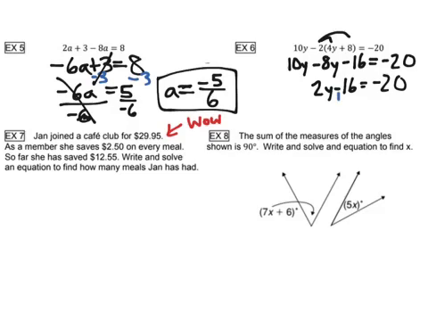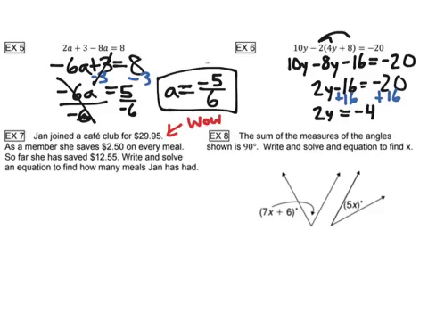So I'm going to add 16 to both sides, plus 16, and copy down what I'm not working with yet. So 2y equals negative 20 plus 16 is negative 4.